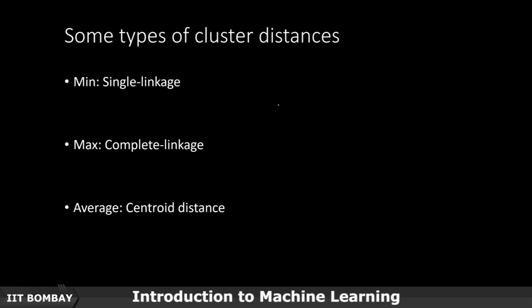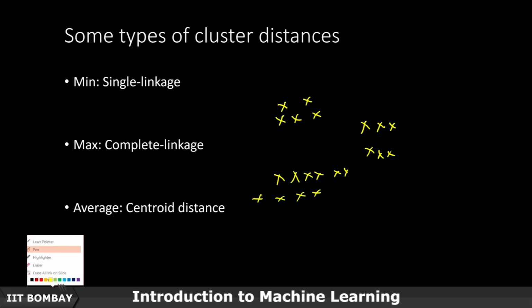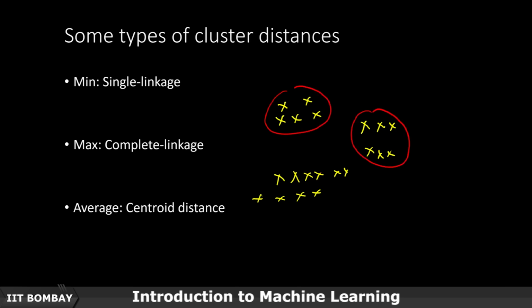So for example, if you have this cluster and you have this cluster, and you have a third cluster, let us say that we have the following cluster memberships. This is one cluster, this is another cluster, and this is the third cluster.